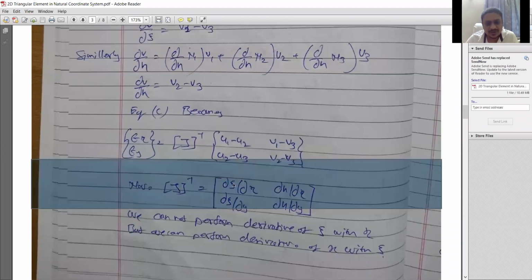So your Jacobian matrix is d xi by dx, d xi by dy, d eta by dx, and d eta by dy. But we don't have an expression of xi in terms of x, but we do have the expression of x in terms of xi and eta. So in place of going for the derivative d xi by dx, we can go exactly in reverse, that is dx by d xi.